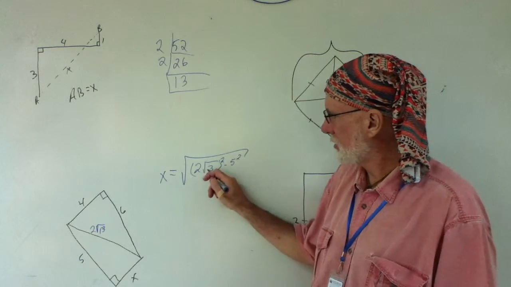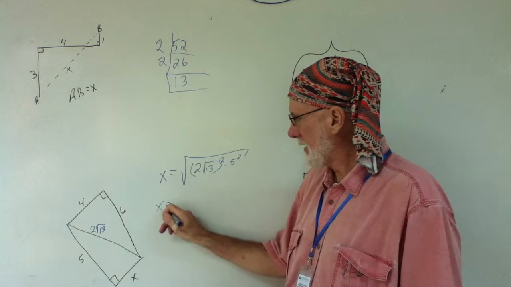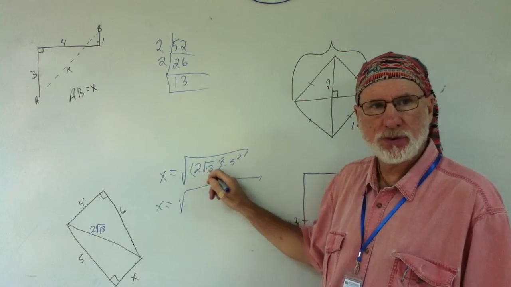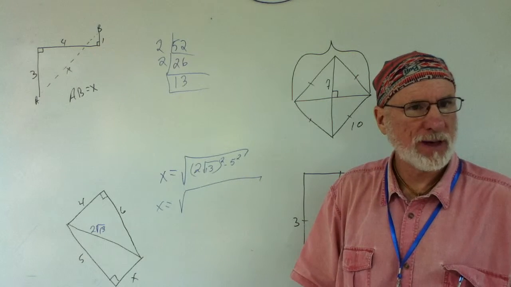Right? So it's going to be x equals, what is 2 root 13 squared? 4 times what?